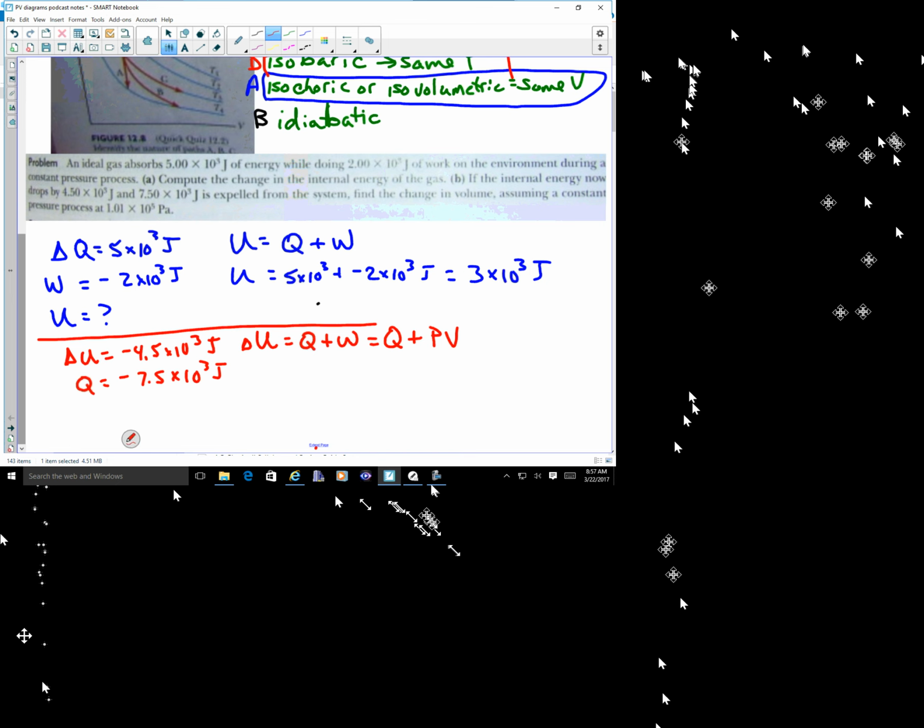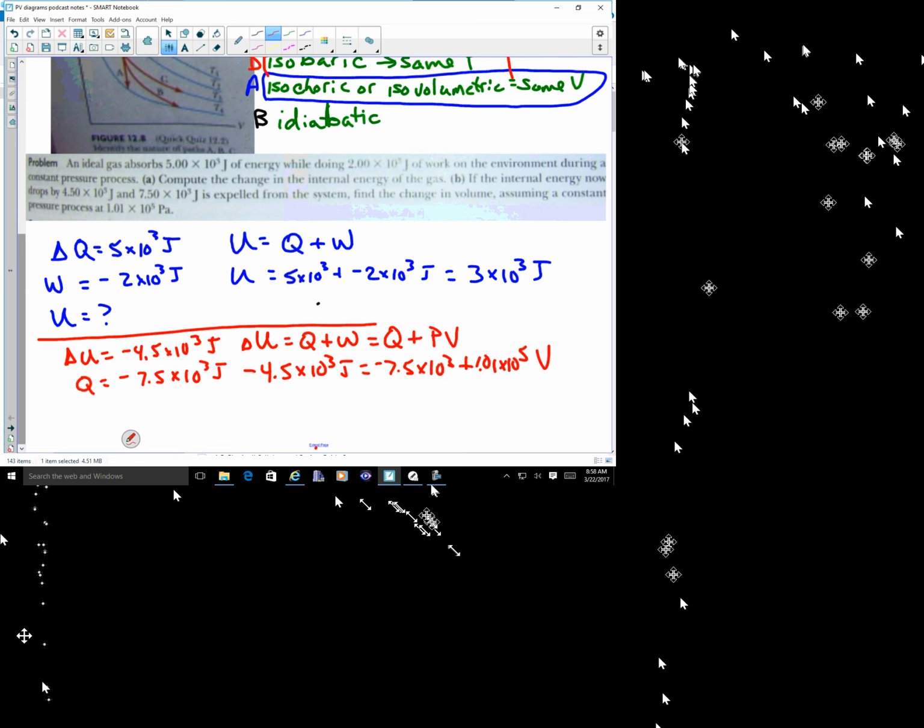So let's plug all these numbers in. We're going to have delta U. Negative 4.5 times 10 to the third joules equals, our Q was negative 7.5 times 10 to the third, plus P they gave you. I think it's 1.01 times 10 to the fifth, because that's normal atmospheric pressure.